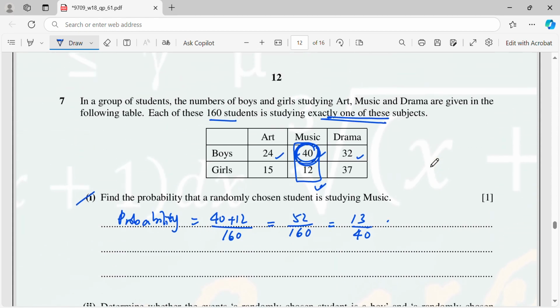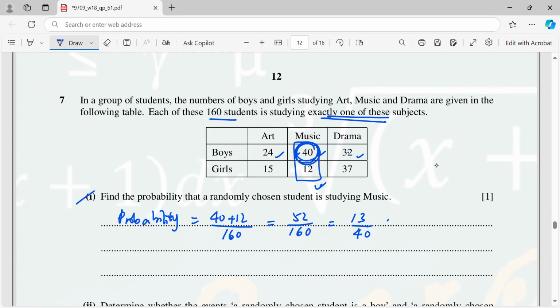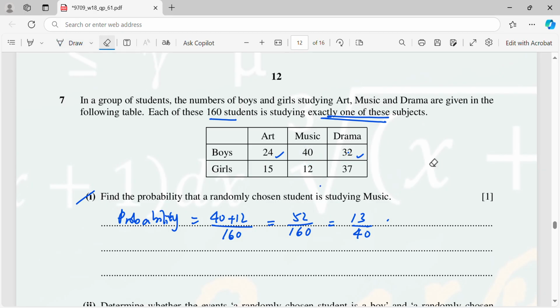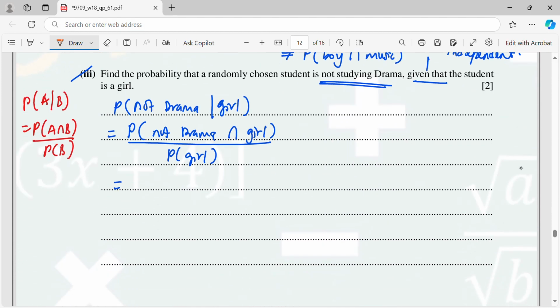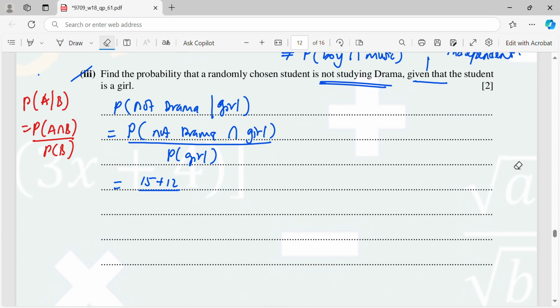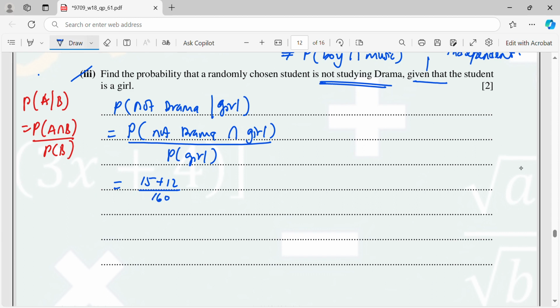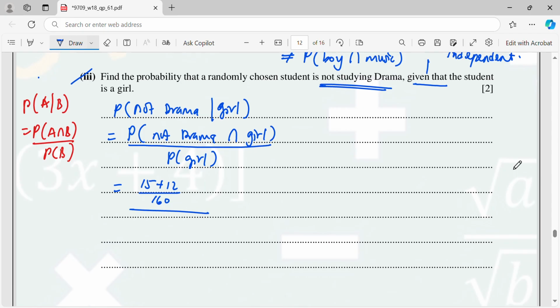Not drama and a girl, so go back to the table. Not drama means cannot be this, and it is a girl. That means you will have 15 plus 12, which is the not drama and girl. So 15 plus 12 over the total 160, divided by P(girl), the probability of getting a girl.